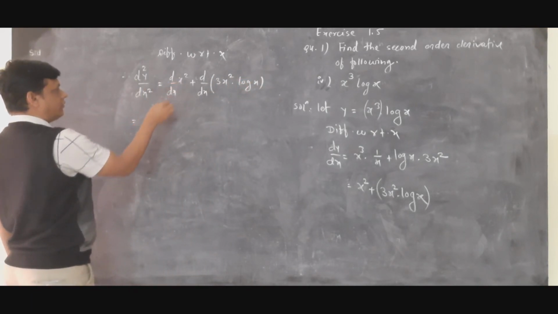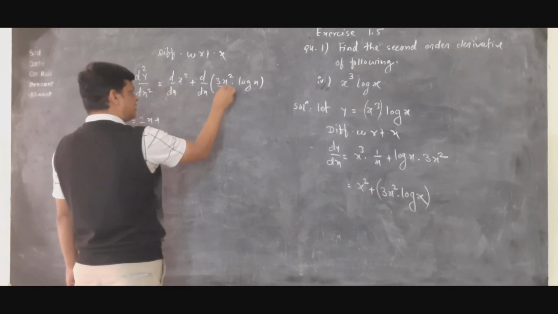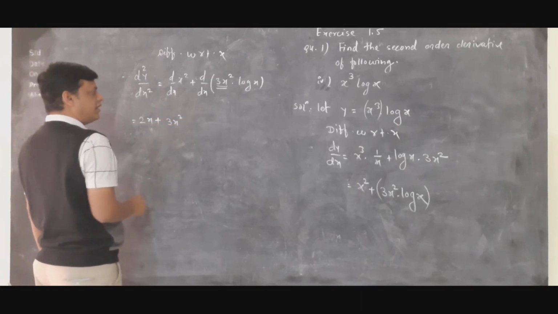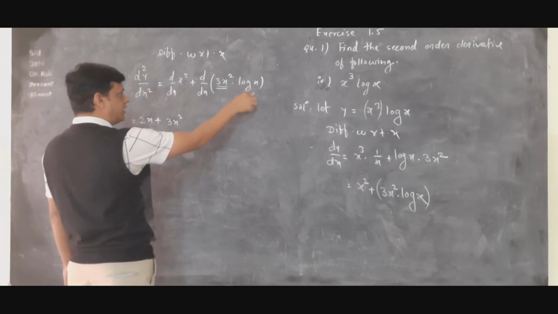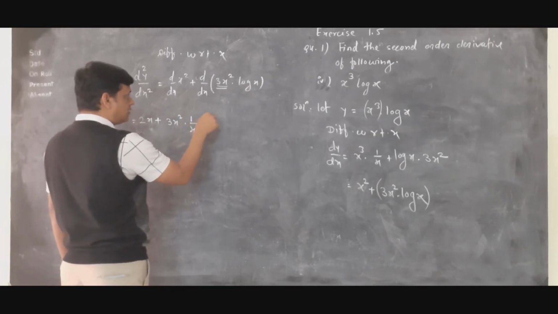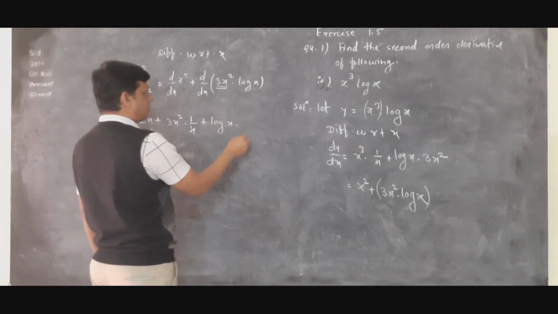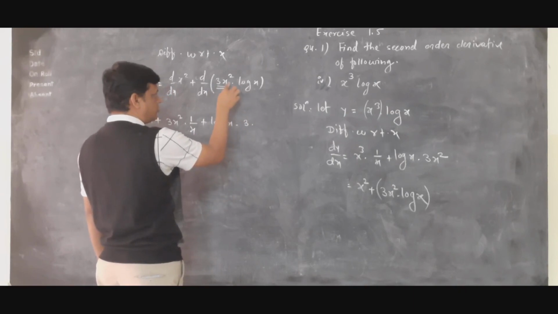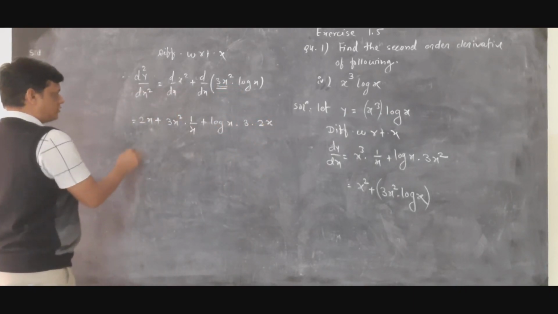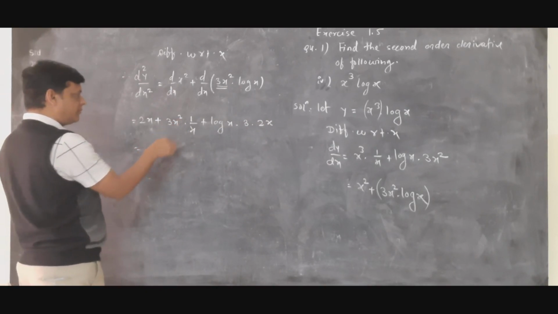So here derivative of x² we write 2x, plus we consider this 3x² as first term. So write here 3x² into first function into derivative of second. So derivative of log x we write 1/x, plus second function, that is log x, into derivative of this 3x². So here 3 is constant, we have to find derivative of x², which is 2x. So again here this x gets cancelled with one x from this x².